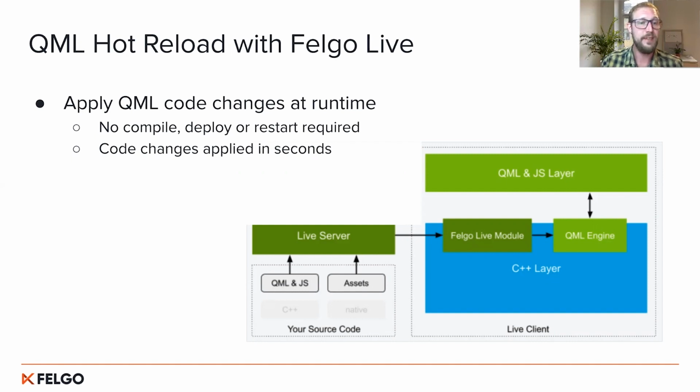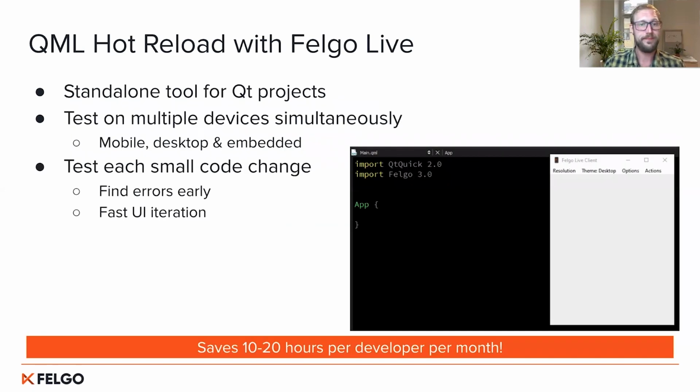We do not actually need the compilation and the deployment step, which means it's possible to just change your code, hit save, and then directly reload your code in your running application and see your changes without ever having to build and deploy.